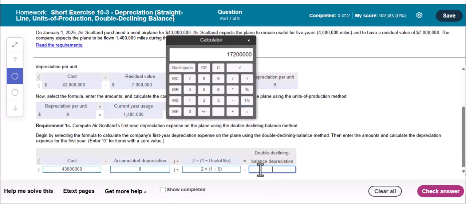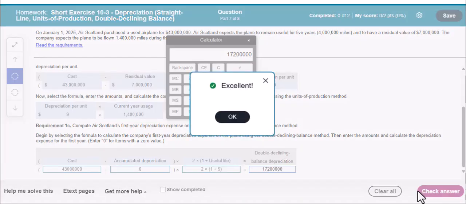I'll go ahead and enter that in and check our answer. Excellent. So again, quick review, that's $17.2 million of depreciation for the double declining balance method here. That's the depreciation we'd be using in the first year under this method.